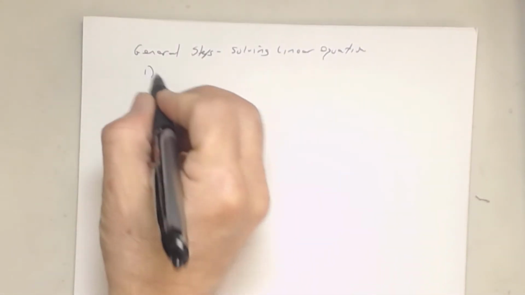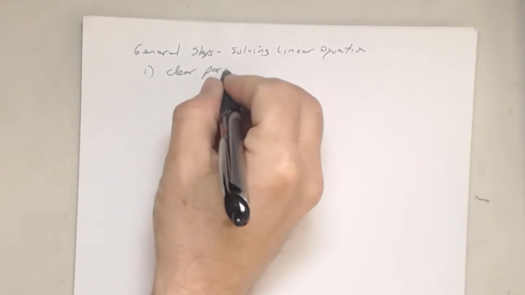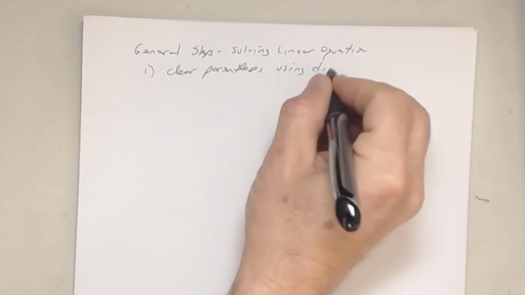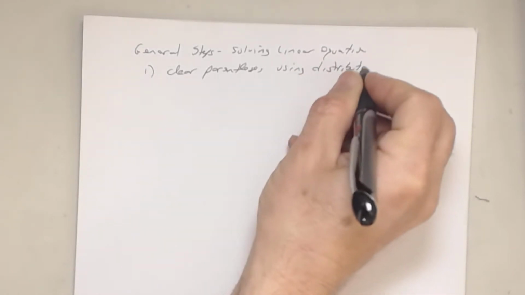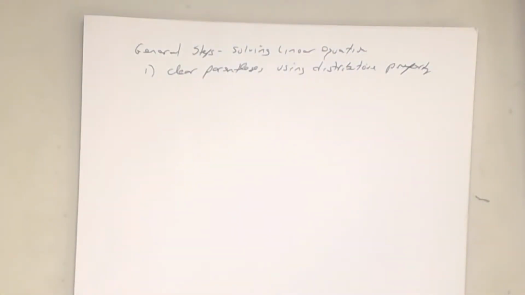Okay, first one: if you have parentheses, clear the parentheses using the distributive property. Then the next thing you're going to do is clear the fractions by multiplying both sides by the LCD.